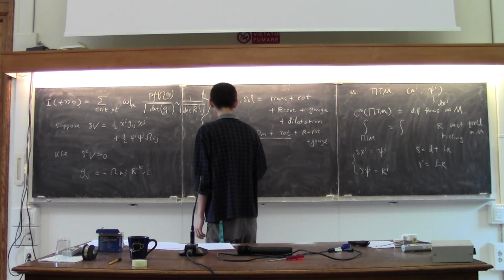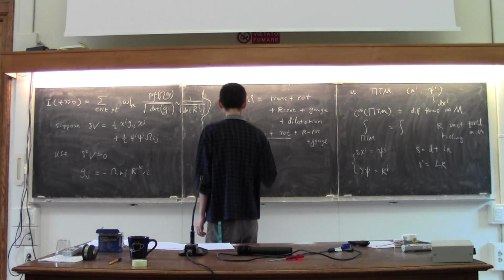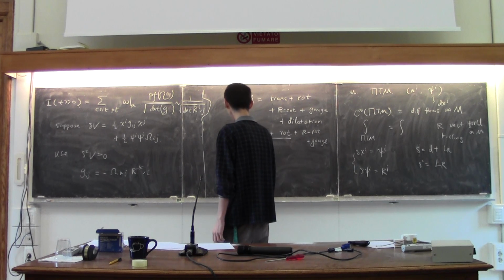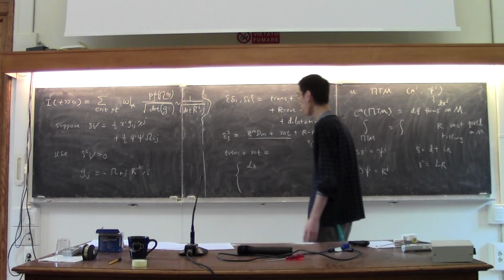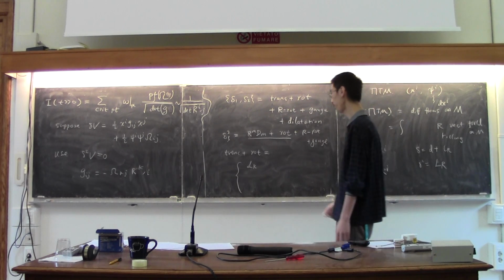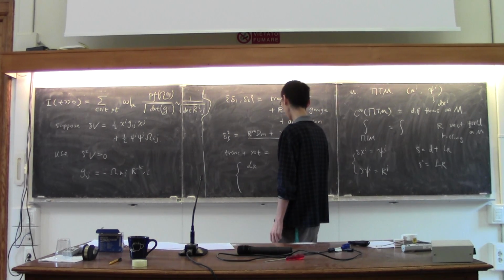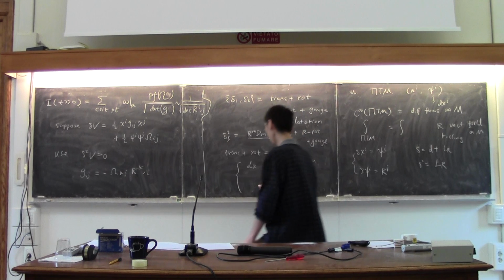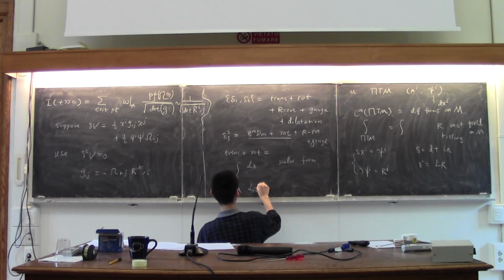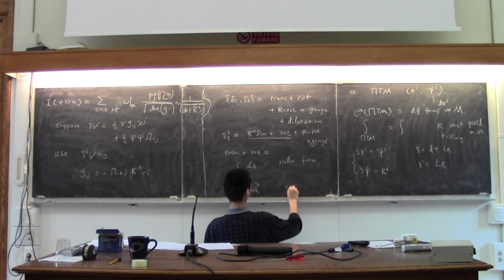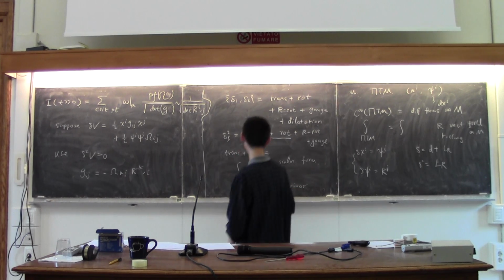So translation plus rotation combines into two cases. Lie derivative if the field in question is a scalar or form. And then following, if the field in question is a spinor.